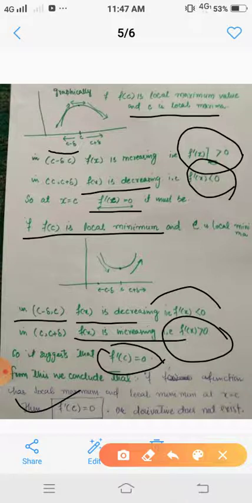Because if we consider the last day's example, in which we studied the maximum and minimum value graphically, for the modulus function the minimum value exists at x equals 0, but at x equals 0 the modulus function is not differentiable. This means that if C is a point of local maxima or local minima, then its derivative at C is 0 or its derivative does not exist at point C.